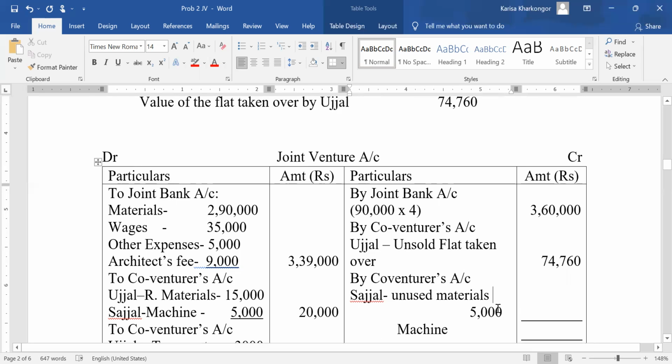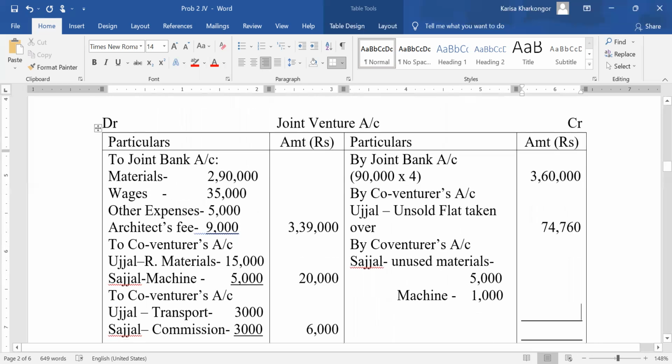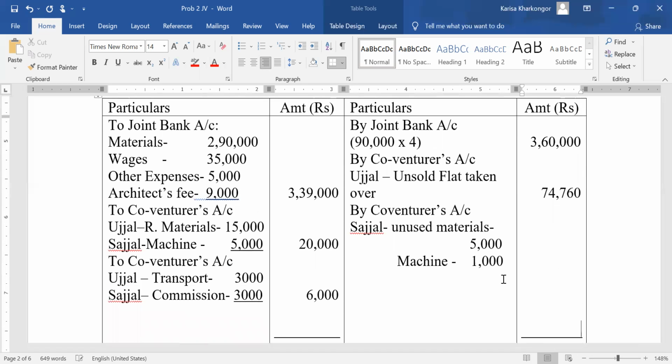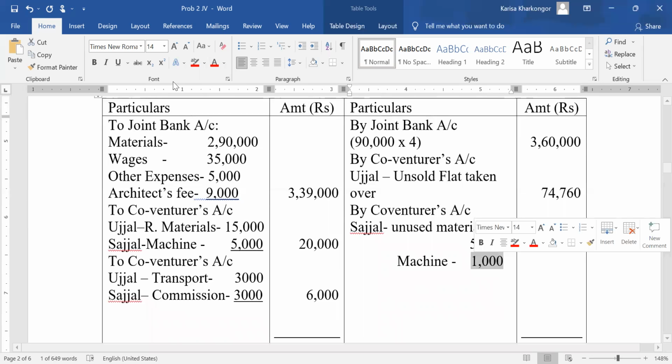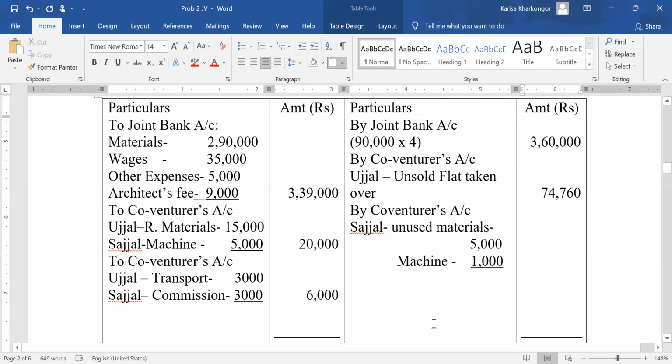Unused materials 5,000. Machine was taken over at rupees 1,000. This will come to a total of 6,000.